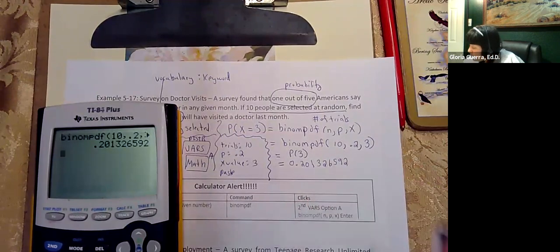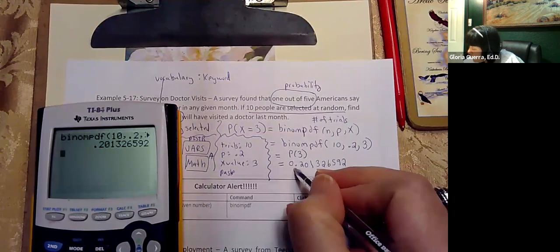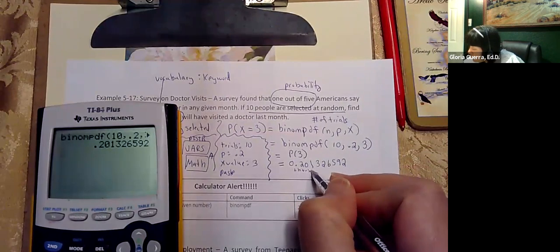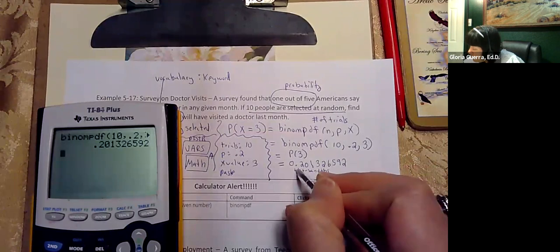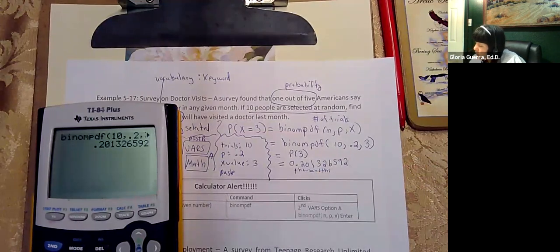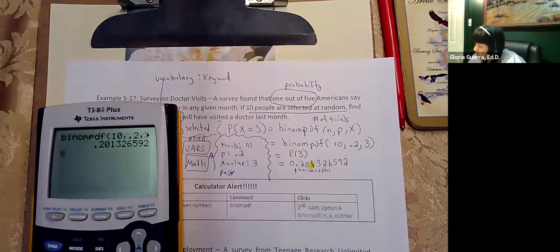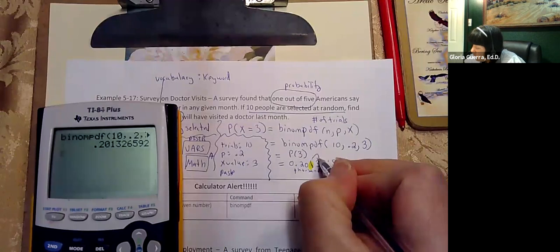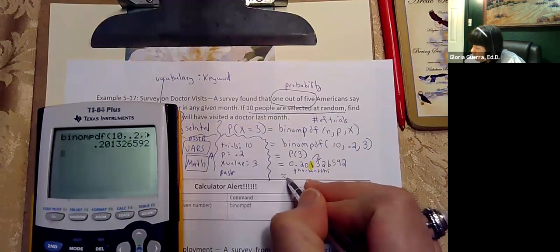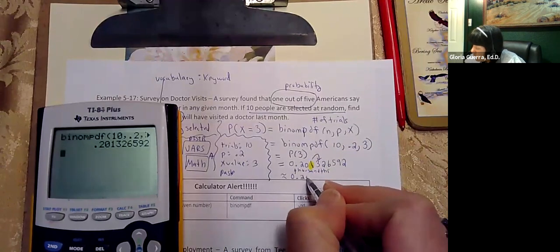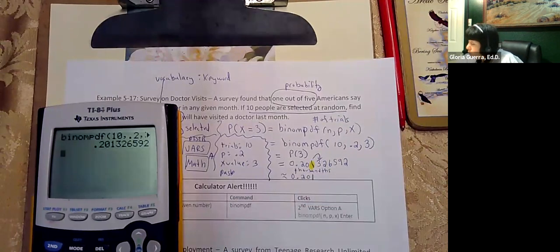And then we're going to round that to the nearest thousandths. Tenths, hundredths, thousandths. Then look at the number to the right. Is that 5 or more? Nope. So it's approximately 0.201. Okay. And if you want that in a percentage, you just do times 100%.